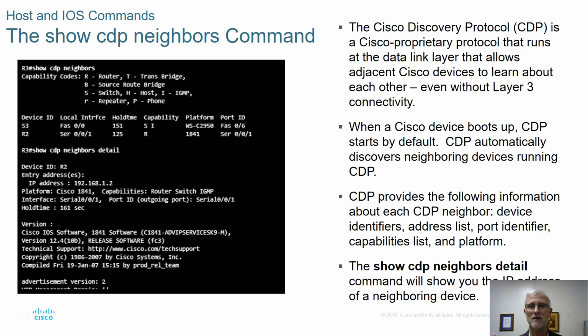Even though I don't have an IP address associated with it, I can go out and see what devices are connected to me, even though I don't know about them. Because CDP runs automatically, it discovers them, and there's a lot of information you can determine: what interface, what platform it is.